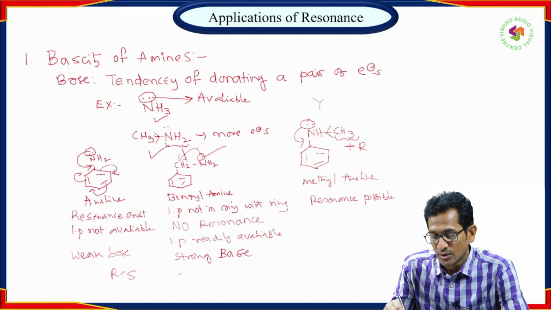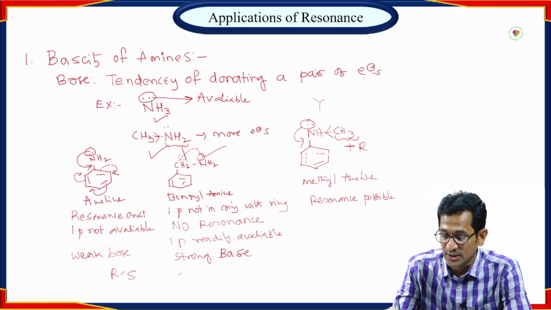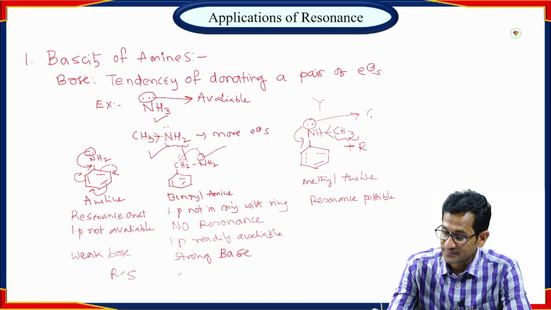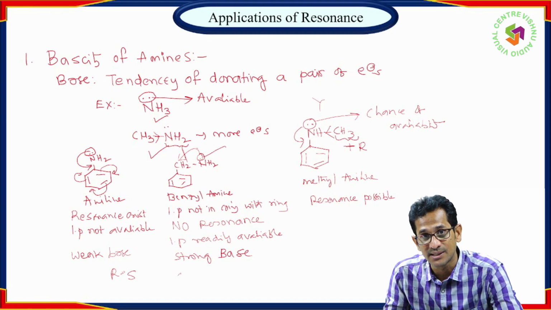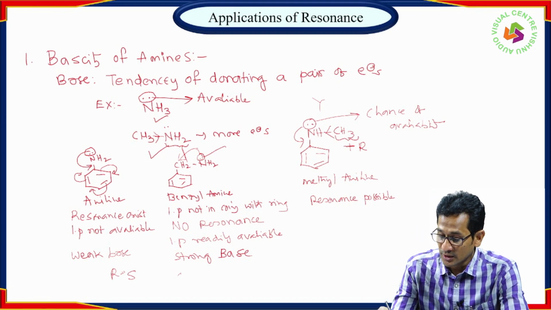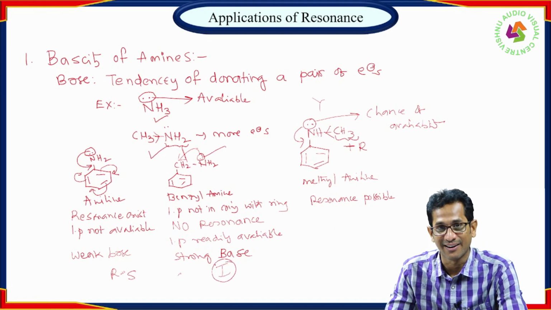Once it acts as an electron donating group donating electrons to the nitrogen, there is a chance of availability of the lone pair of electrons on nitrogen. Therefore, this is the first case in the basic rank.